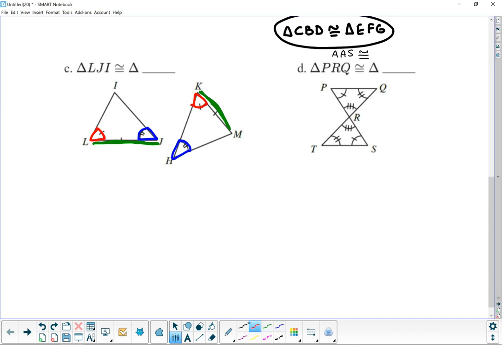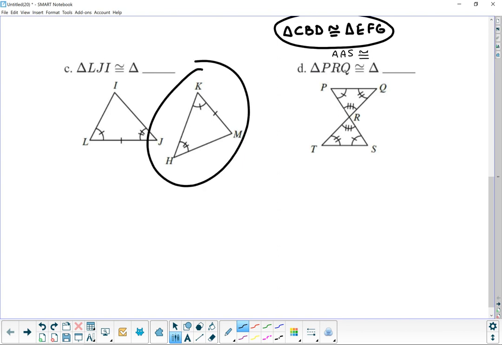So we can just say, and you can name it however you want. So this one, the naming convention is LJI. So LJI, and you can just call it however you want because they're not congruent. So I'm going to give it any 3-letter name for this triangle. So I'm going to just call it HMK.